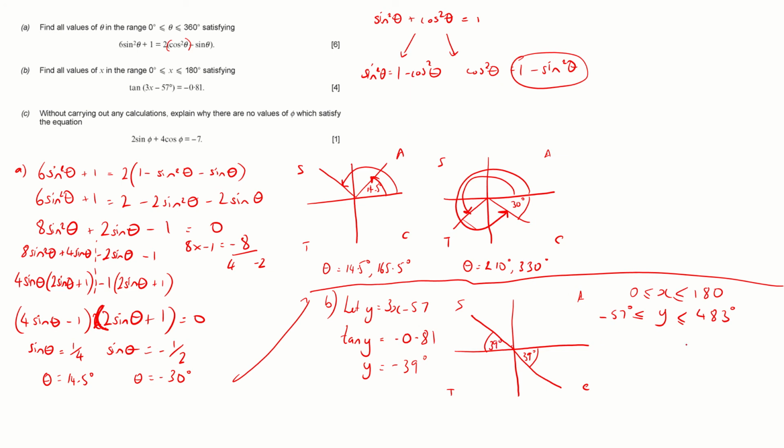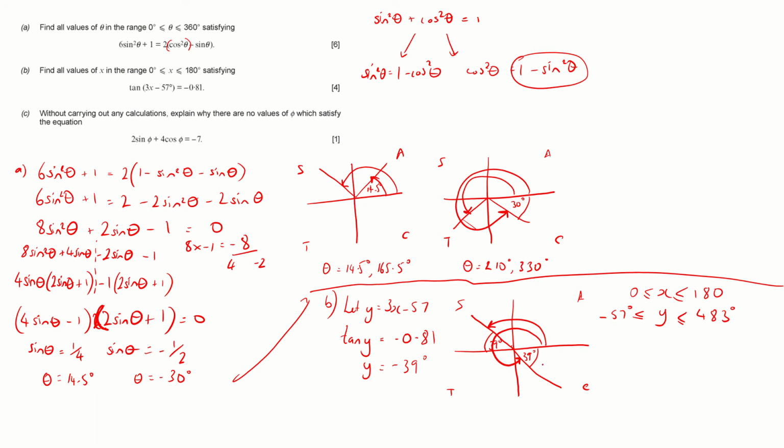Now, I want any in this range only, and there are actually a few different answers here. If I go around in the positive direction, then this one would be included, as would that one. And that's it.